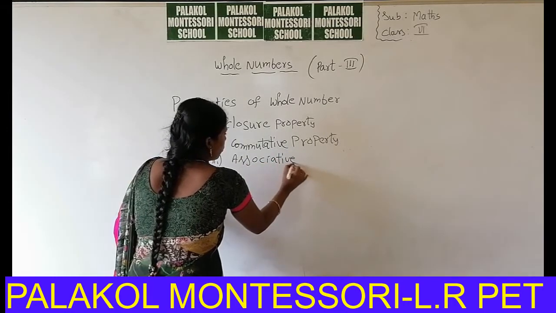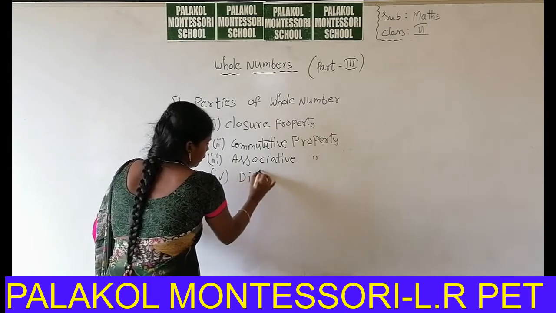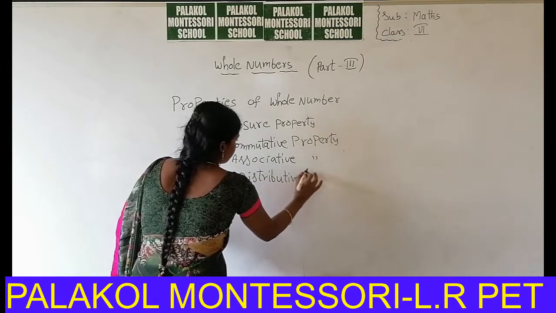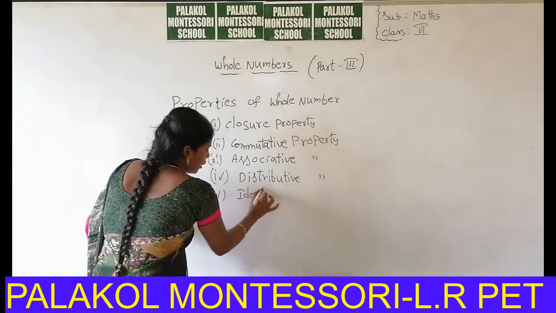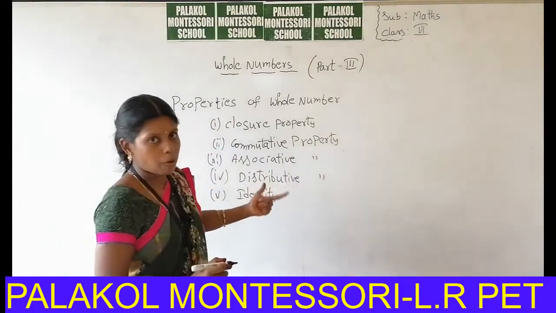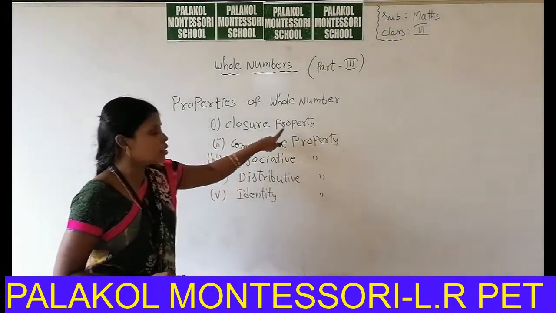And the fourth one, distributive property. And the last one, identity property. Again I can explain these properties. Next we can do the problems by using these properties. First, what is closure property?